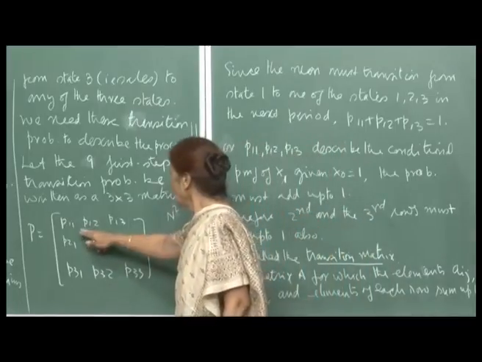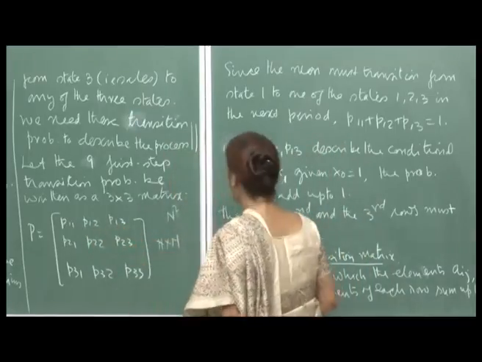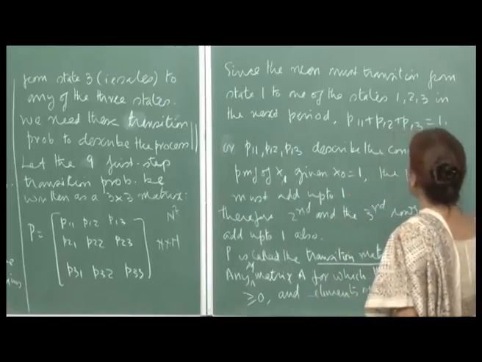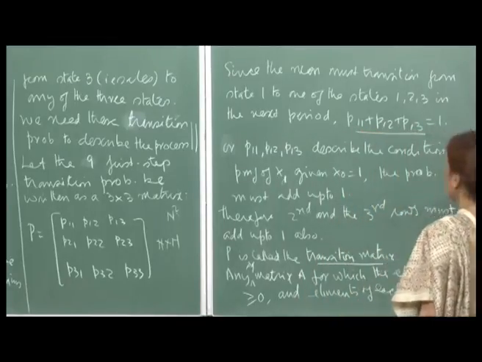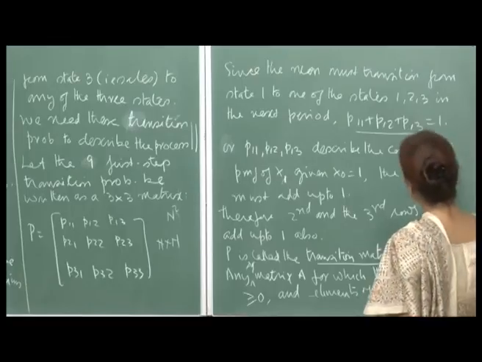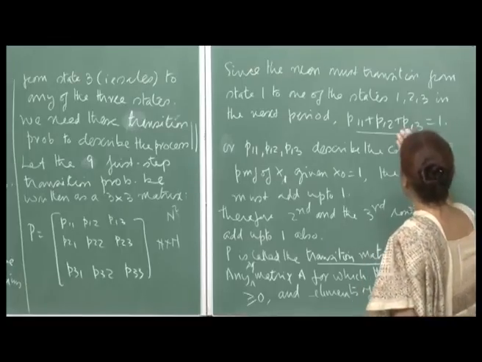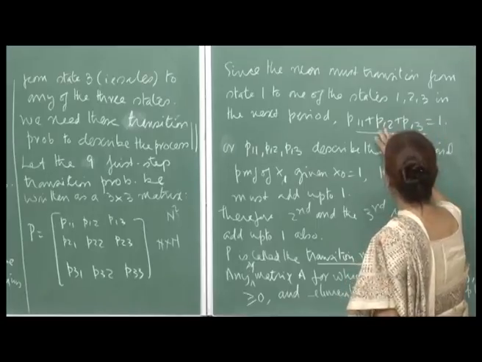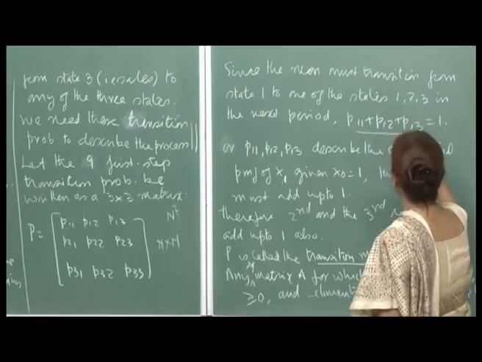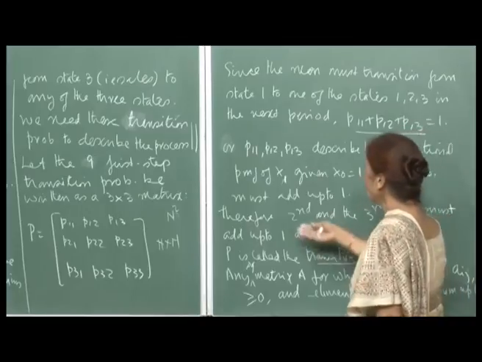Therefore, these 3 probabilities will add up to 1. Another way of saying this is that P11, P12, P13 describe the conditional PMF.